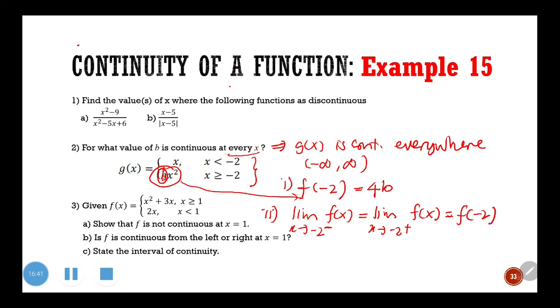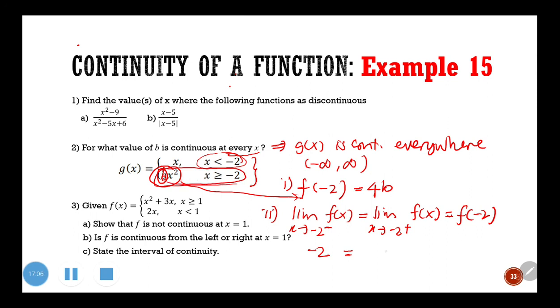So, negative 2 from the left, you're looking at the region for x less than negative 2 coming from the left, so here we use x. So here it is negative 2. And from the right, we use bx squared, where x is more than or equal to negative 2.